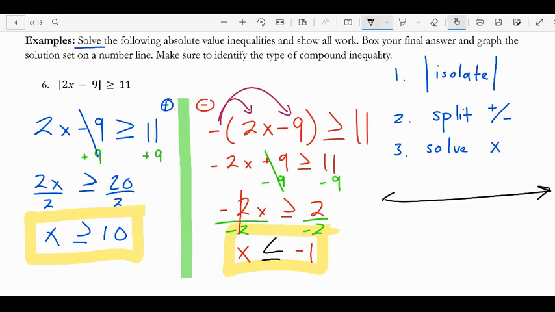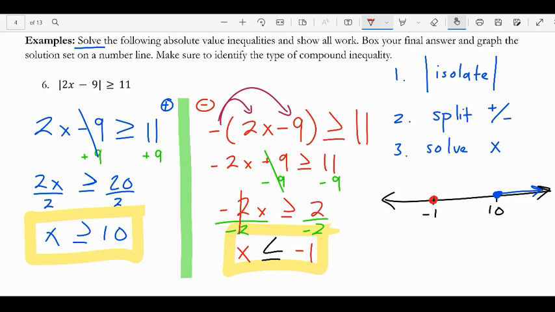All right, the last step here is to do a graph. So we have, let's see, a negative 1 and a 10. Now my x is greater than or equal to 10. So since it's a greater than or equal sign, it'll be a closed circle, and it's going to go to the right. My x is also going to be less than or equal to negative 1.